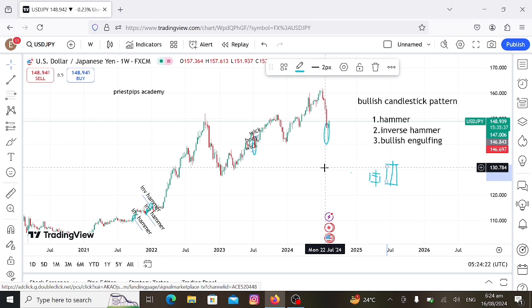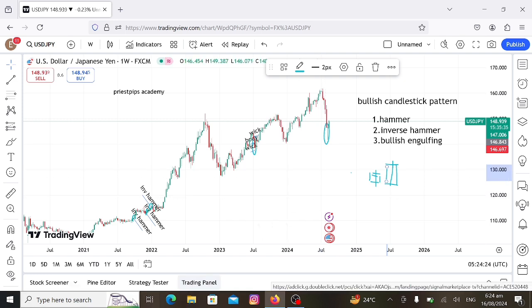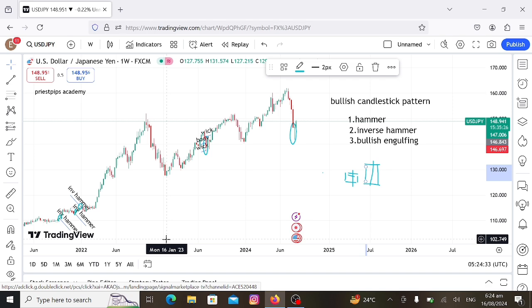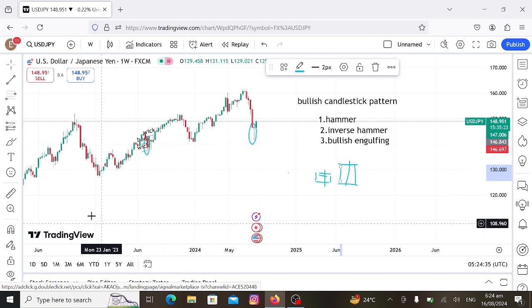So this as well can be taken as a bullish engulfing.